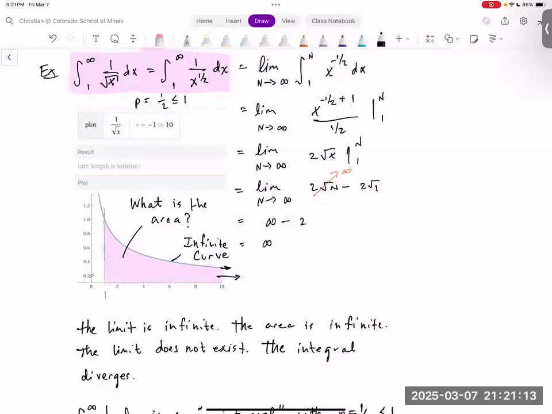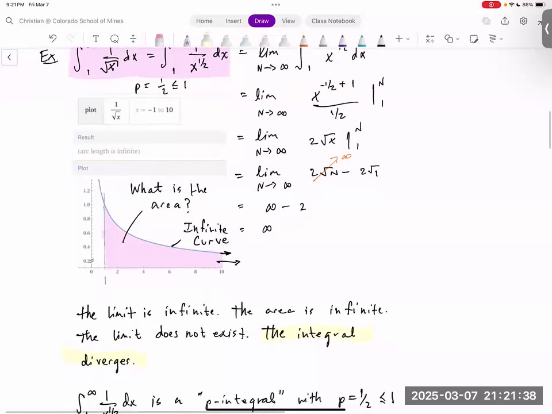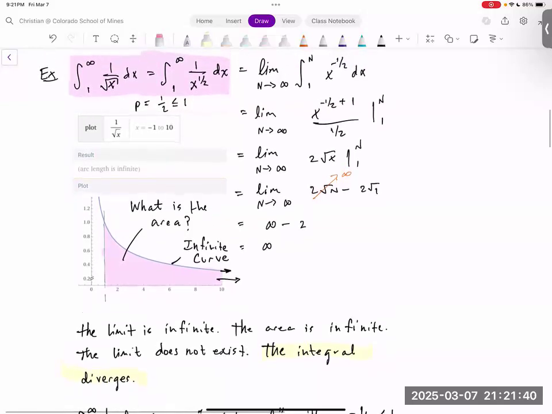The pink region also just keeps getting bigger. It goes to infinity. So we say the limit is infinite. The pink area is infinite, and the limit does not exist. And since the limit doesn't exist, we say the integral diverges. That's the language we'll use when the limit does not exist.